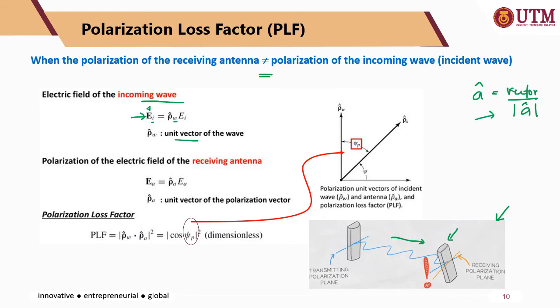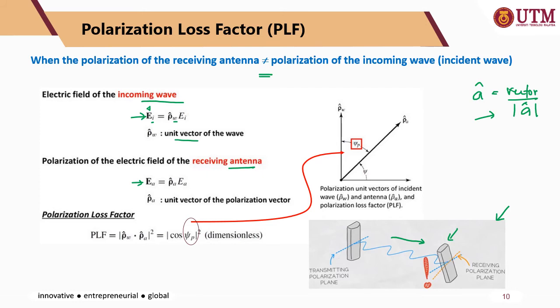Alright, for the receiving antenna, the electric field is given by EA equal to the unit vector of the antenna, rho A, multiplied by the electric field of the antenna. So the PLF is equal to the dot product of unit vector rho W with unit vector rho A, squared, and it is equal to cos psi p to the power of 2.